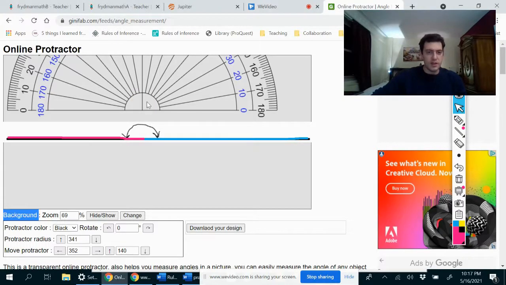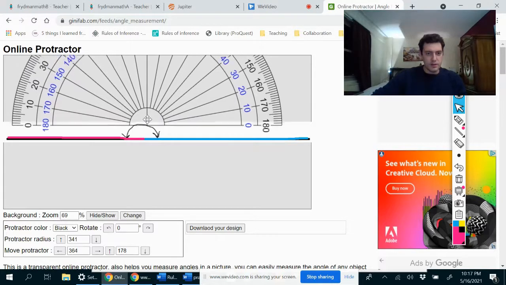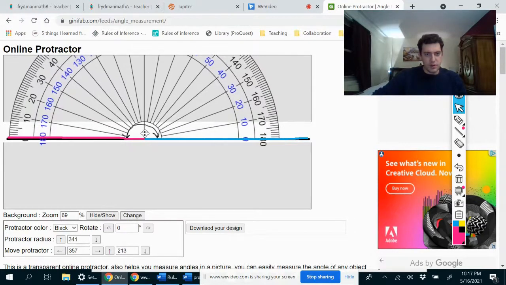So again, we're going to get the bottom center part of the protractor over the vertex. This would be the vertex here. Now we have our choice between which zero to use. No matter which zero we use, in this case, because both of these lines are going through a zero, we'll get the same answer.